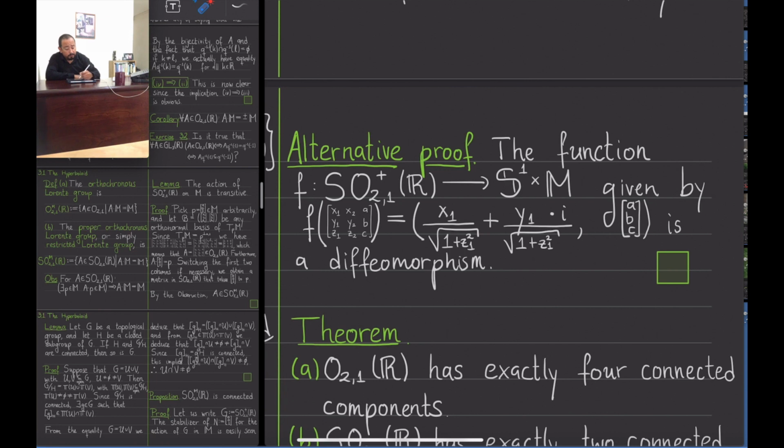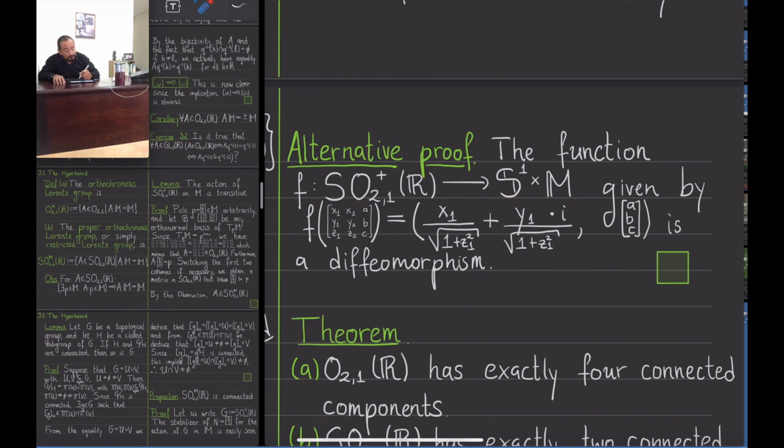Okay, so given a matrix, I already know what to do from the argument where I showed that the action is transitive. Something I can do is look at what it does to the North Pole, I mean the image of the North Pole under the matrix. That's just ABC.